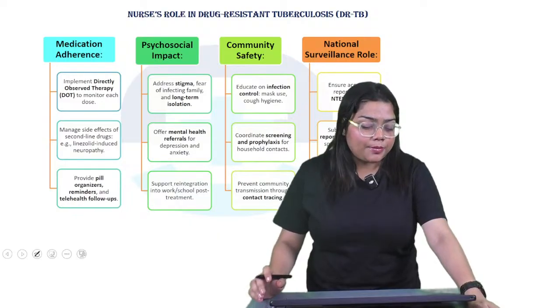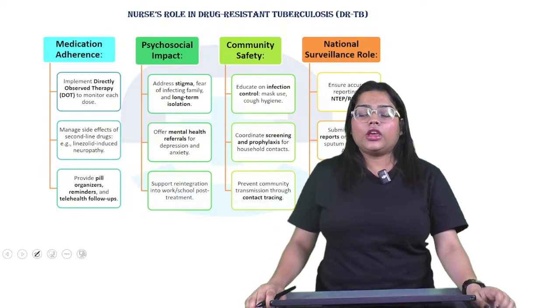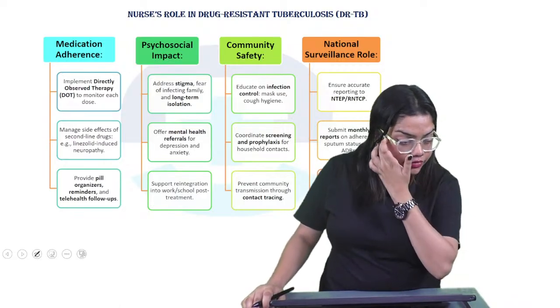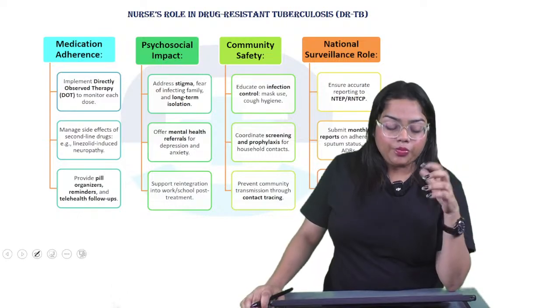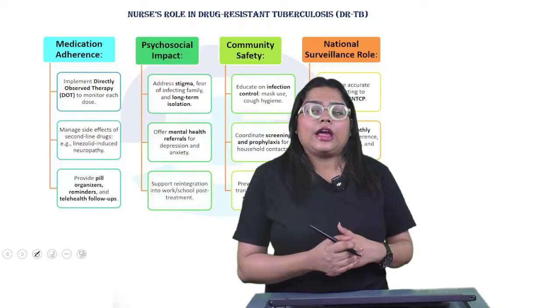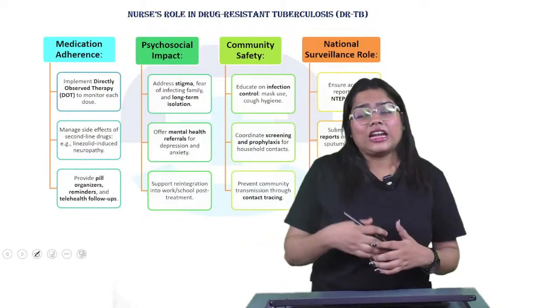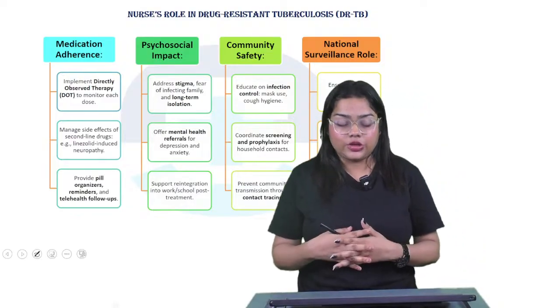Then manage the side effects of second line drugs. When we give the second line drugs, we have to see what side effects or problems they show. When we analyze the symptoms the patient is facing, we will be able to handle them.